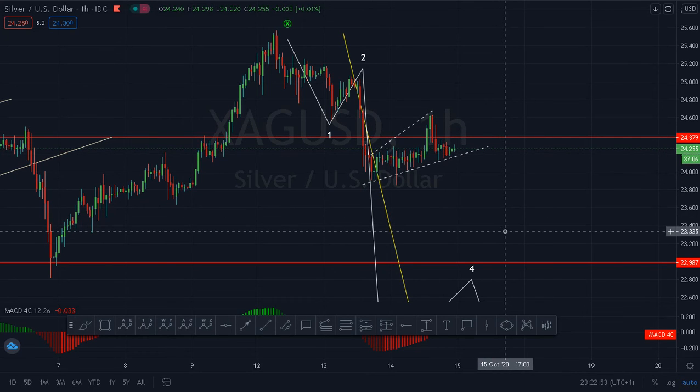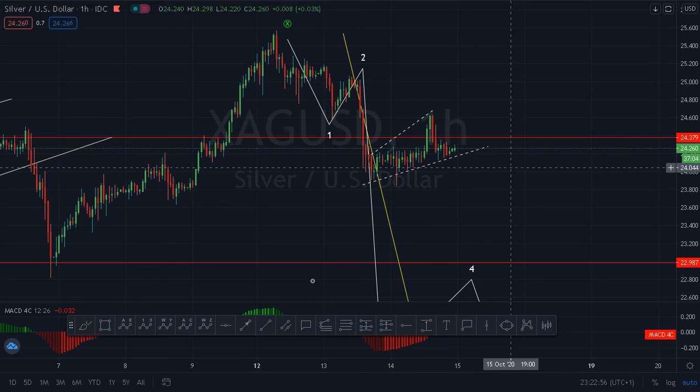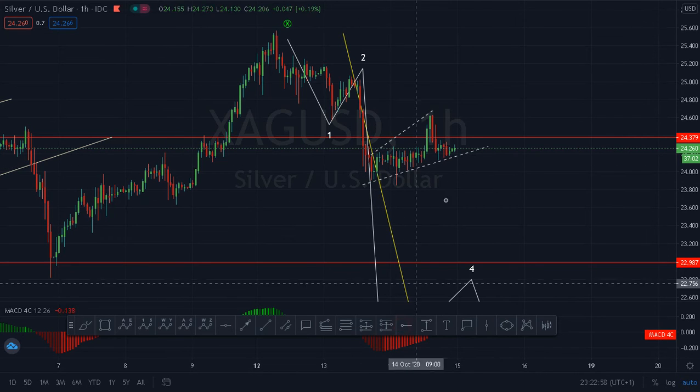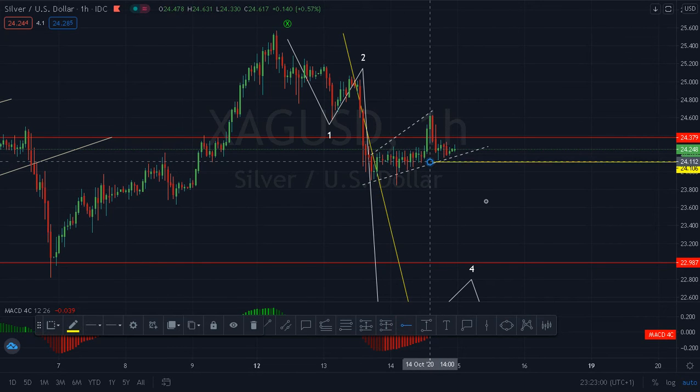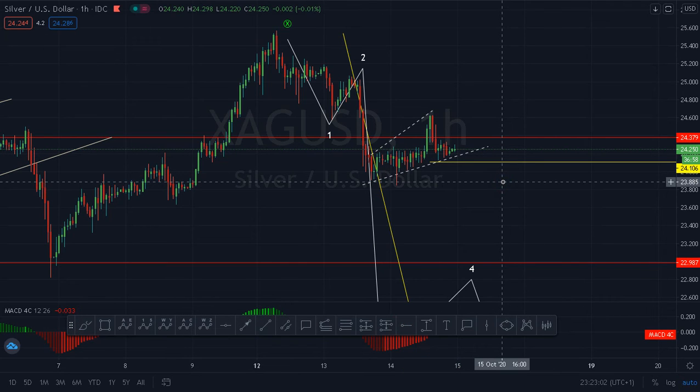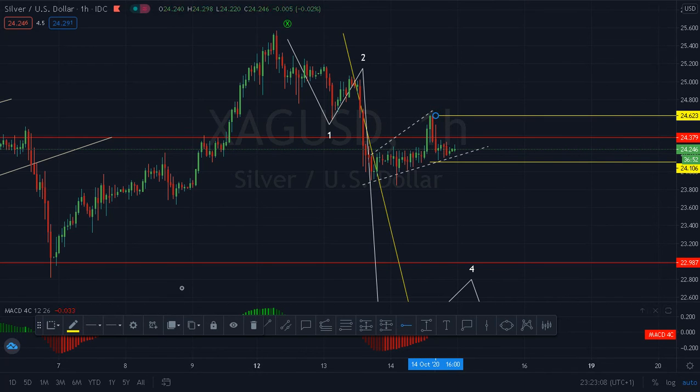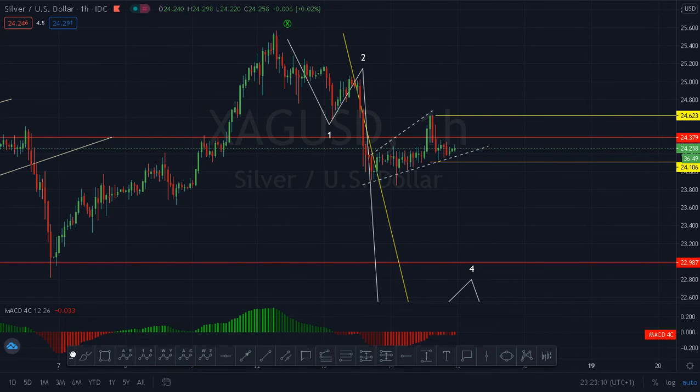So I will place another sell stop here again, and the stop loss here.